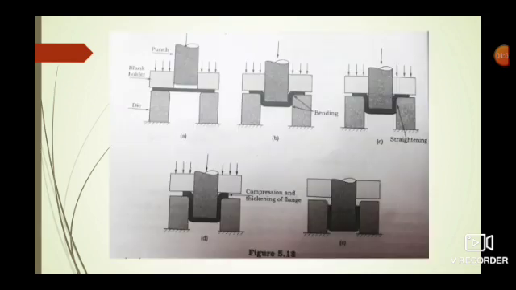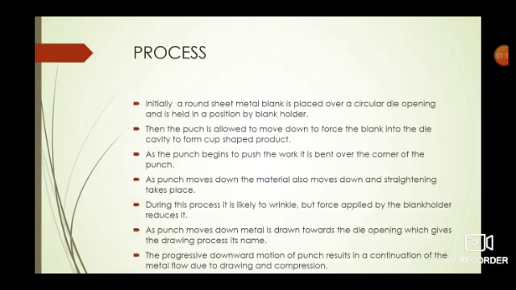As you can see in figure 5.18a, the darkest shaded portion is the workpiece or blank, and it is placed in between the blank holder and the die. Then a punch is allowed to move down to force the blank into the die cavity to form the cup shaped product. This is the basic process of deep drawing.